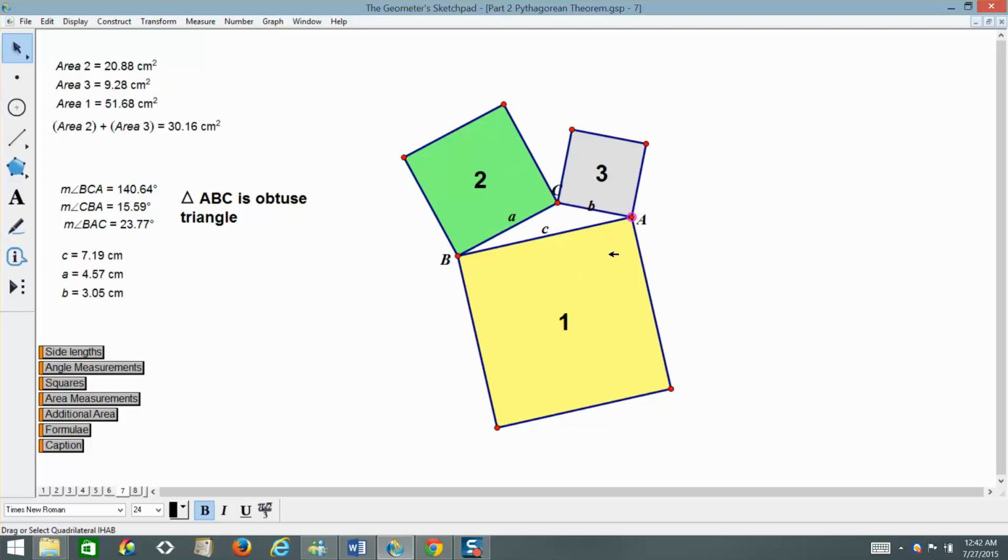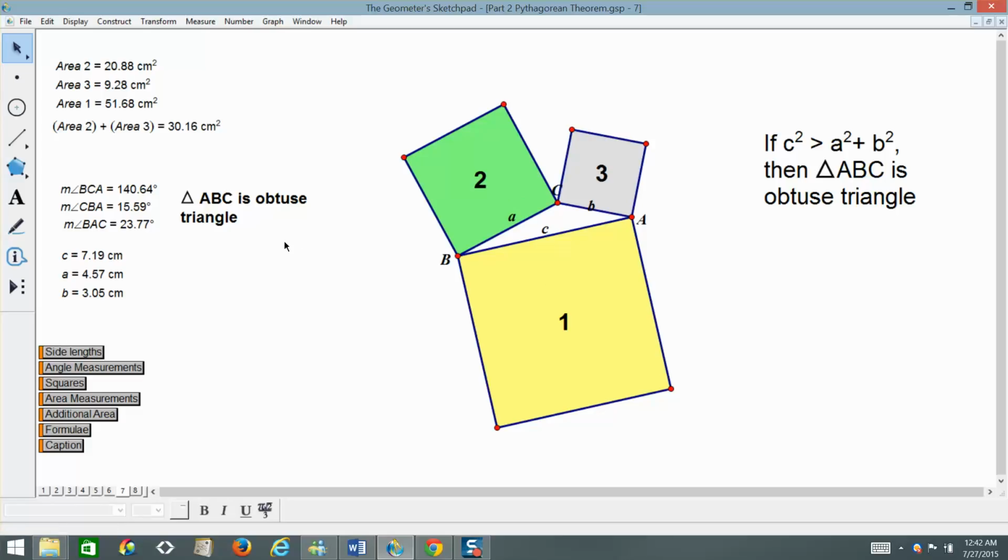So from this finding, we can make the formula that the area of the square on the longest side is greater than the sum of the square areas on the other sides. Then this triangle is an obtuse triangle.